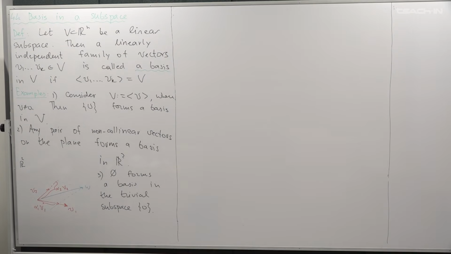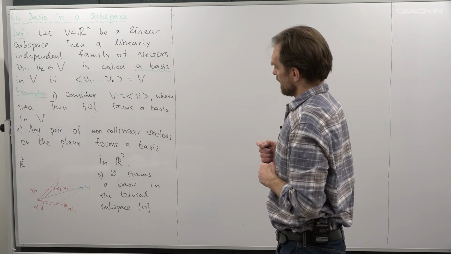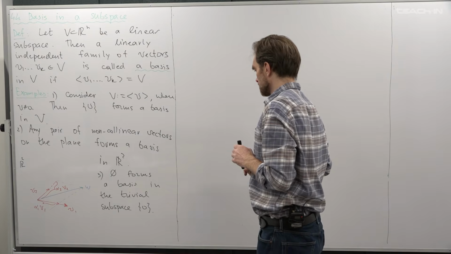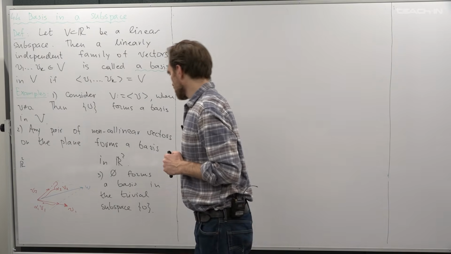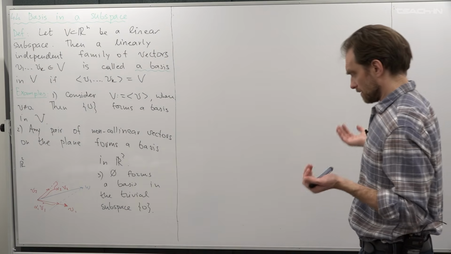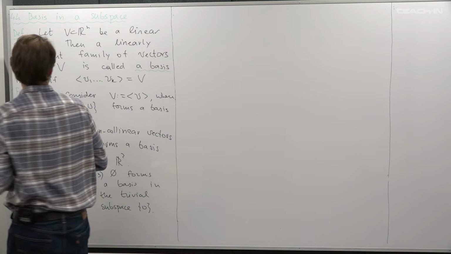Sometimes it makes sense to consider the empty set as the basis in the trivial subspace, because there are no vectors that should be represented as linear combinations of vectors from the basis.